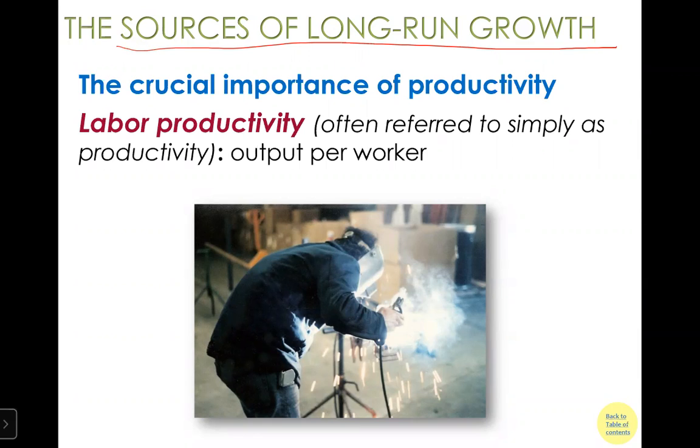The most crucial thing is labor productivity, which generates long-run economic growth. But what is labor productivity? Essentially, it's output per worker: how much value added, or how many goods and services, a typical worker can produce. That is crucially important to generate long-run economic growth.